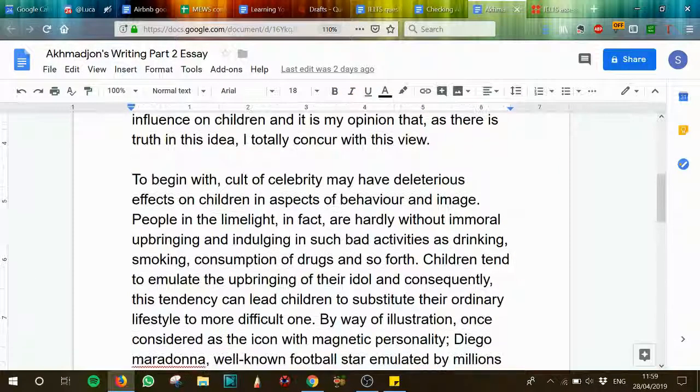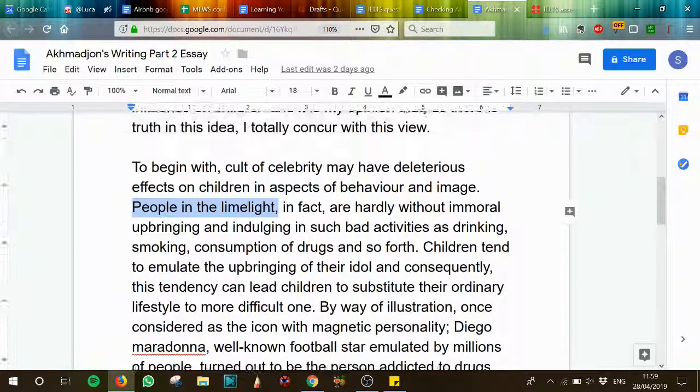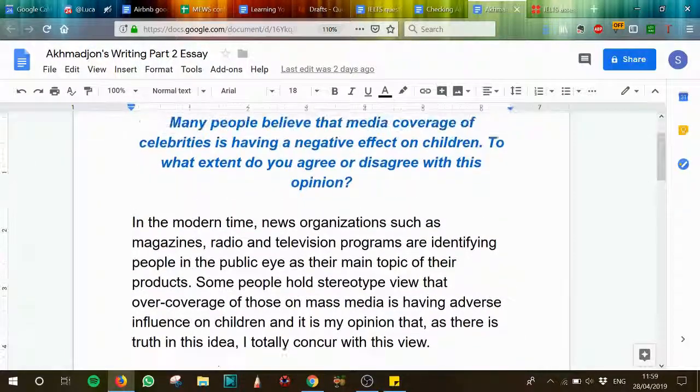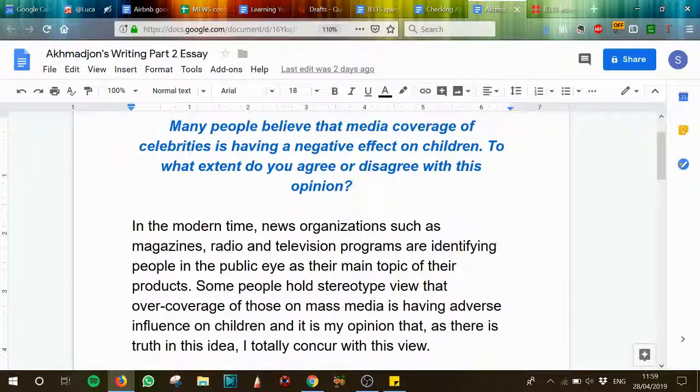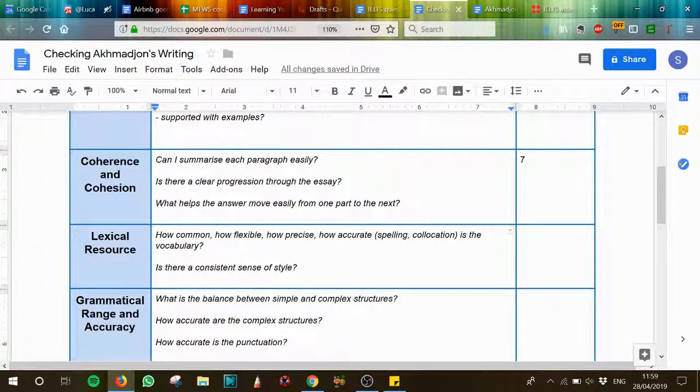He also talks about idols and icons, and he also talks about people in the limelight. Now, this is a great range of vocabulary, lots of synonyms and different words and phrases to talk about celebrities. But I also want to know how common, flexible, precise, and accurate these words are.